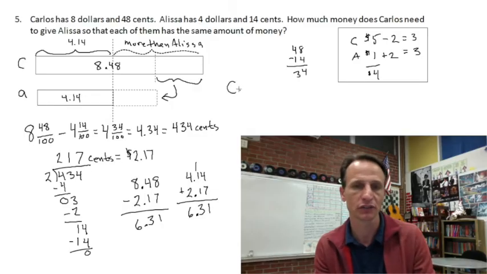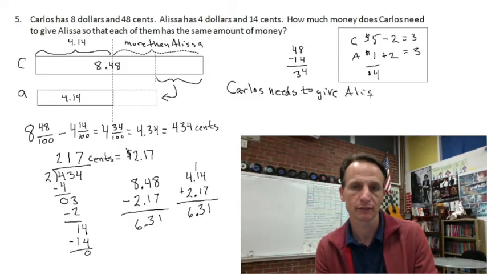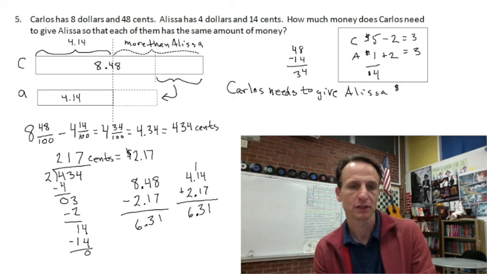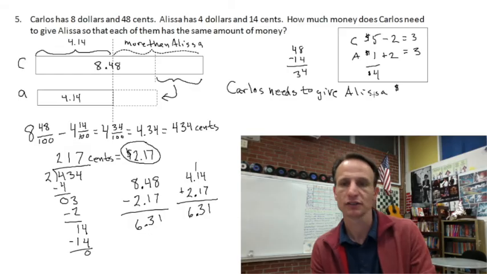So Carlos, swell fellow that he is, this is awfully generous of him, needs to give Alyssa, and how much does he need to give her, remember? It was the $2.17 here. I'll circle that so we don't forget.